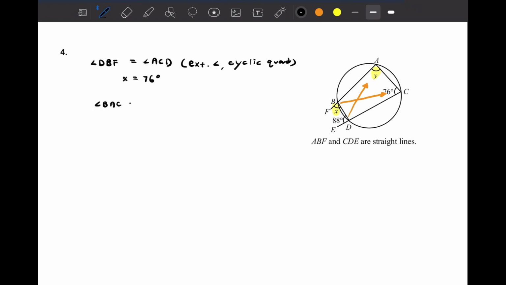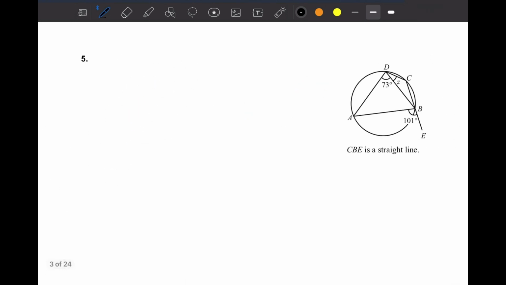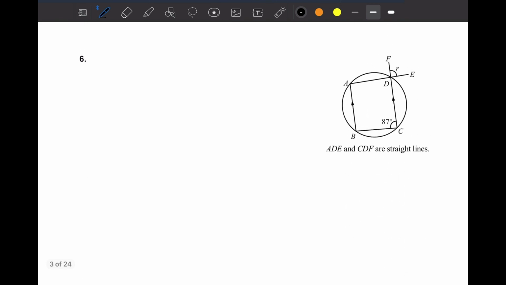Angle DBF equals, because the question is asking for the unknown, and angle DBF is not the name of the unknown. And using the same reason again, your Y is going to equal that 88 degrees. So again, make sure you write Y equals 88 degrees. Okay, so very quick.